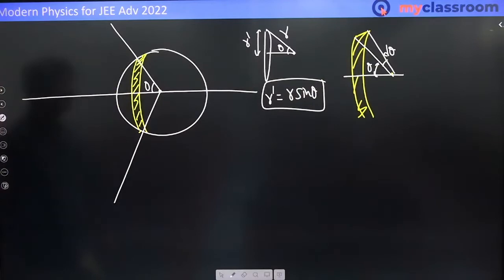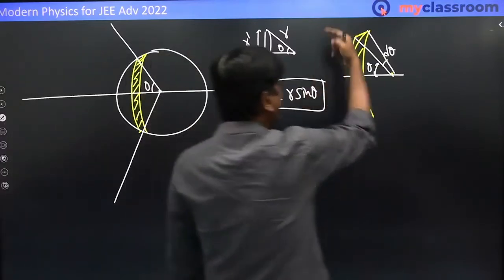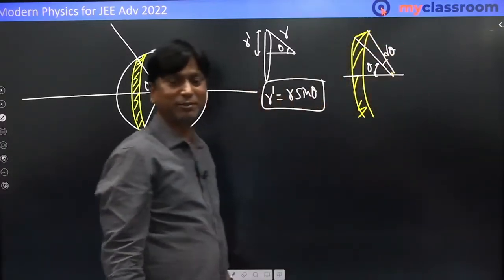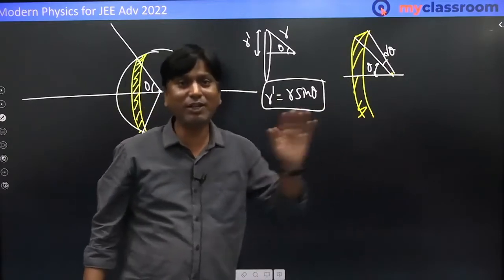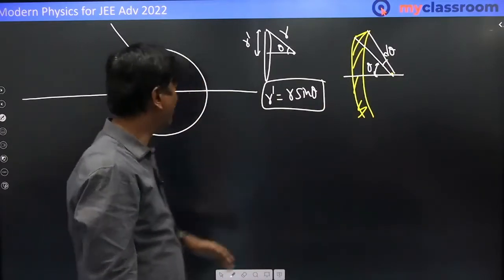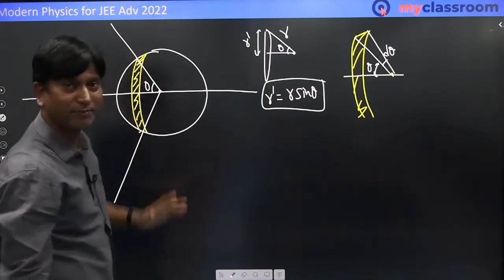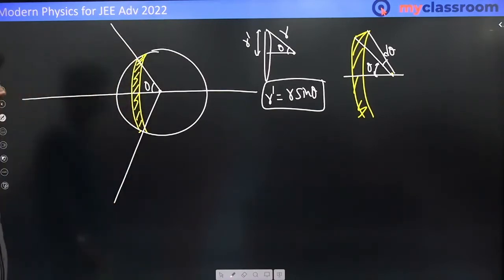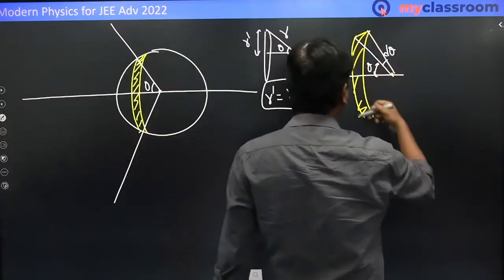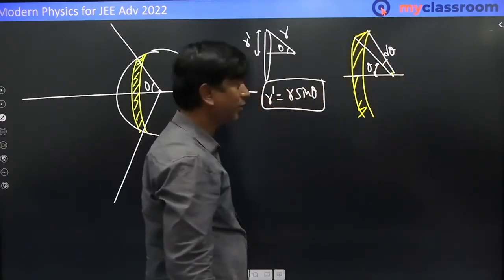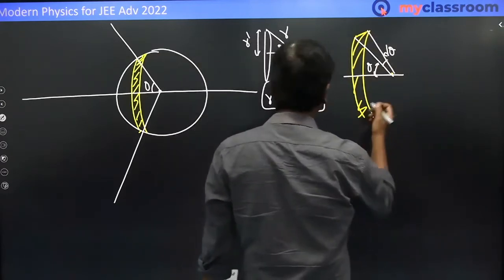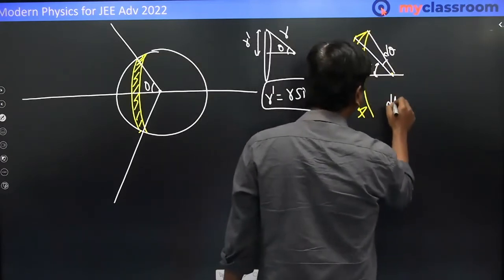Next, we are interested to find the area of this strip first, because all this will help us in solving the problem. Because in problem solving, what I am doing is, I'll take the momentums hitting and rebounding, right? So change in momentum and all. So first, let us also try to calculate what is the area of this strip. So area of this strip, if I call it as some dA, how much you will get?